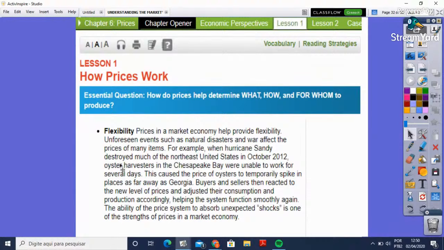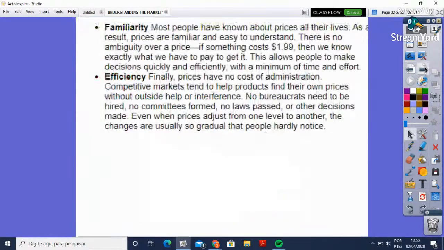The prices of oysters went up, temporarily, but they went up. So buyers and sellers reacted to the new level of prices and adjusted their consumption and production accordingly, thus helping the system function smoothly again. The ability of the price system to absorb unexpected shock is one of the strengths, the main points of a market economy if you study it.